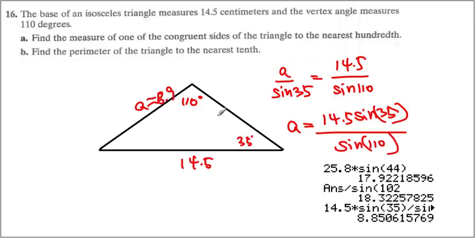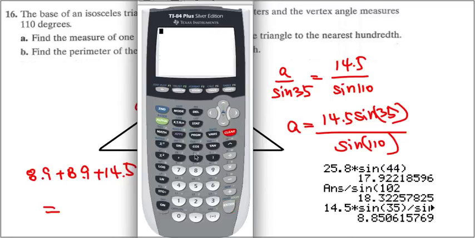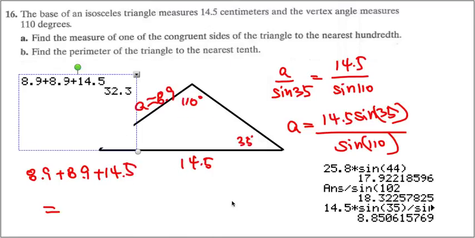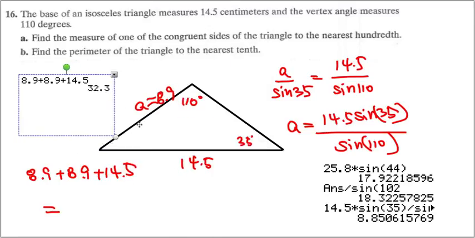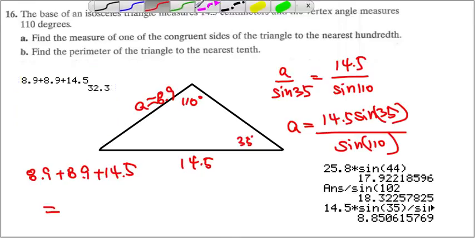Find the perimeter of the triangle to the nearest tenth. That means since it's an isosceles triangle, we end up getting 8.9 plus 8.9 plus 14.5. So if you combine them together, therefore our final answer for the perimeter is 32.3.